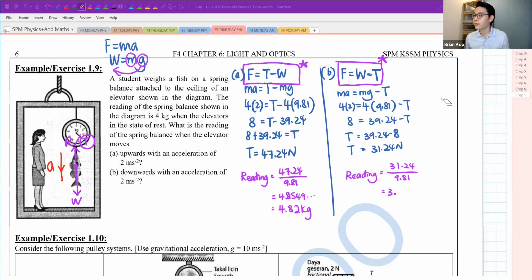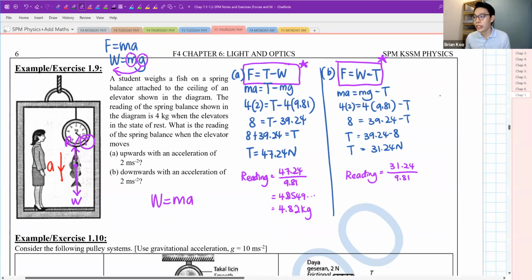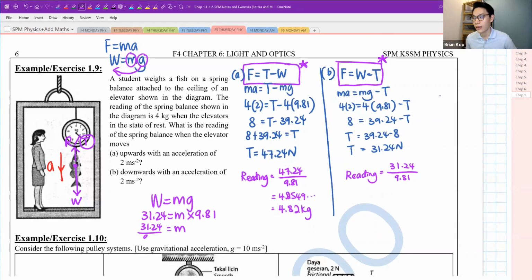If you don't understand why we need to divide by 9.81, it is just a conversion of units from Newton to kg. It's from W equals to mg. So if you have 31.24 as the weight, in newtons, and you want to find out the mass, and g is 9.81, to find out the mass, you can just divide it by 9.81.